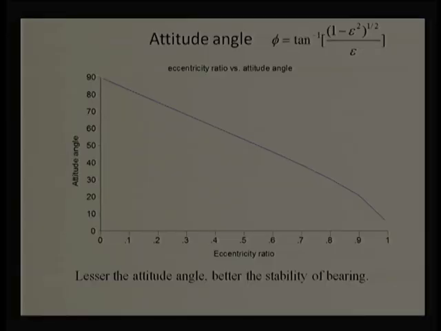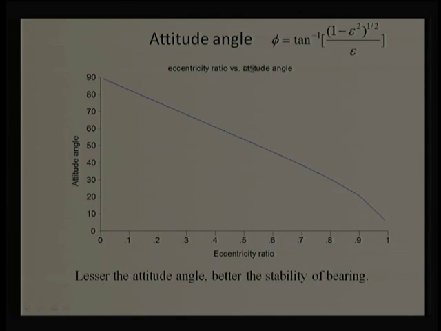So, we are continuing with the first slide from the previous lecture. We say attitude angle, which was mentioned in the previous lecture, can be given as tan inverse of square root of 1 minus epsilon square, divided by epsilon. Using this relation we can find out the attitude angle. Once we know the eccentricity and attitude angle, the shaft center is located.